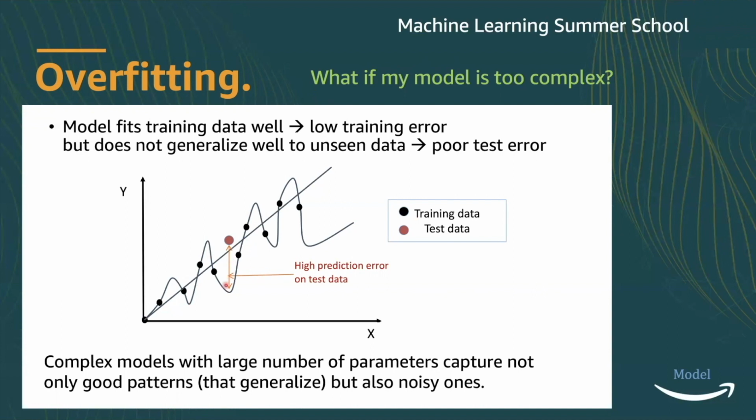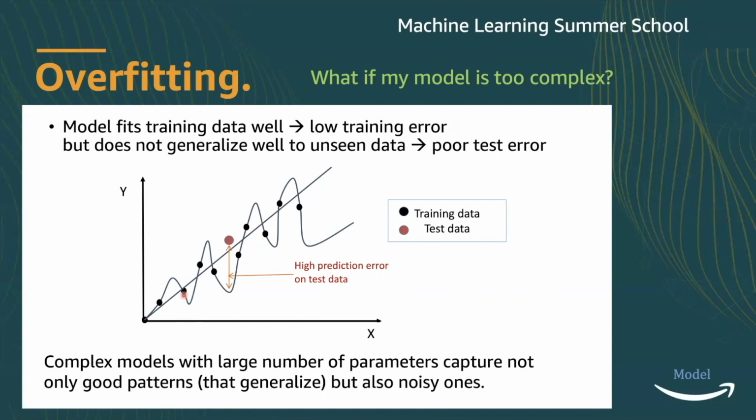Well, here it turns out that the high dimensional polynomial that we are fitting has zero training error, because if you apply this high dimensional polynomial function to any of the black dot points that are part of the training data, it will make zero error.